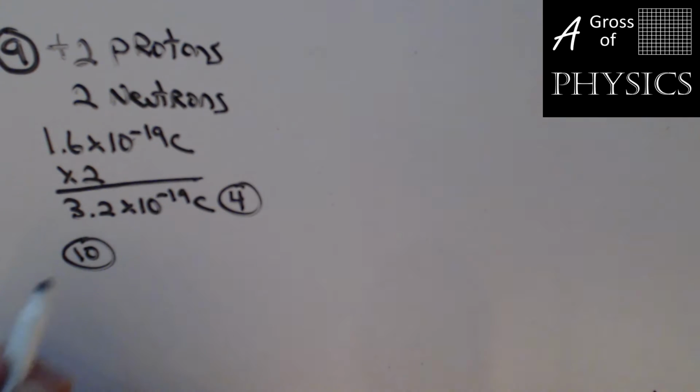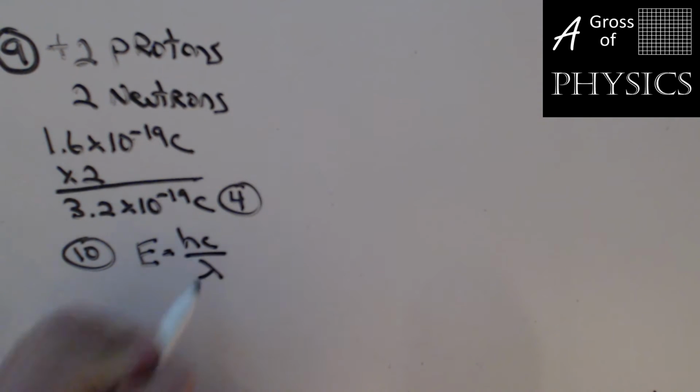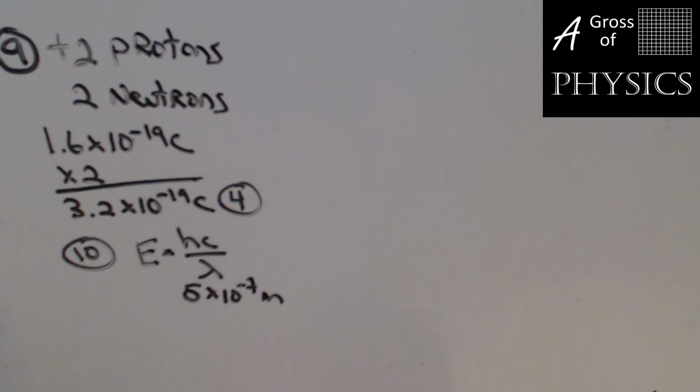All right, let's look at 10. Light of wavelength 5 times 10 to the negative 7 meters consists of photons having an energy of E equals hc over lambda. H and c are constants. Lambda is 5 times 10 to the negative 7 meters.